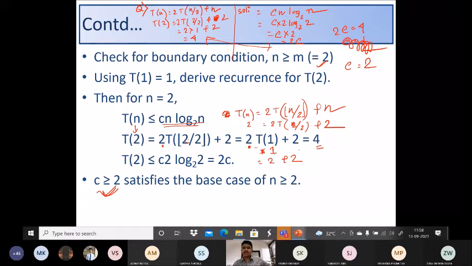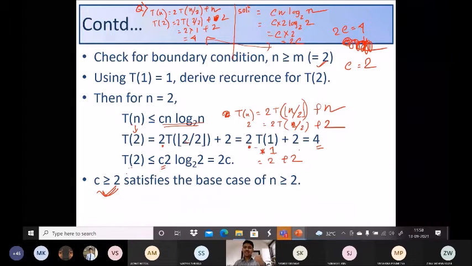Because it is less than or equal to, so C value should be 2 or greater than 2. So this is my mistake, it's not half. 2C = 4, so C = 2, right? So C value should be greater than or equal to 2 with base condition 2.